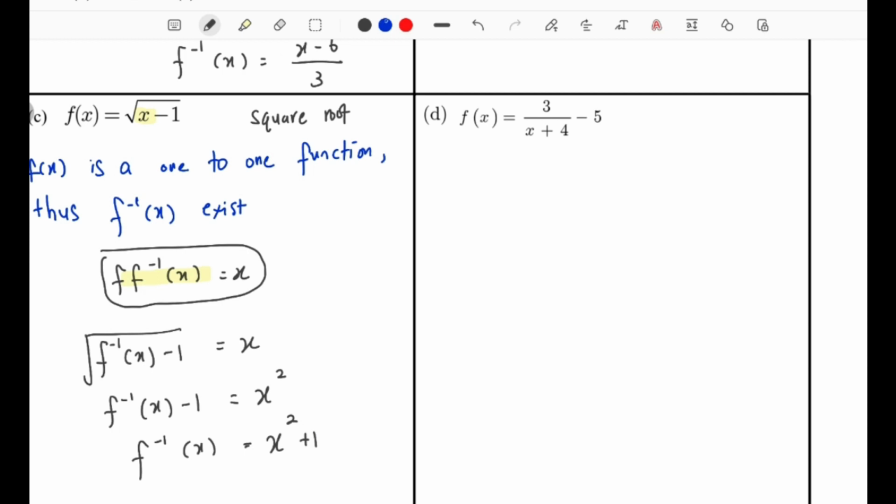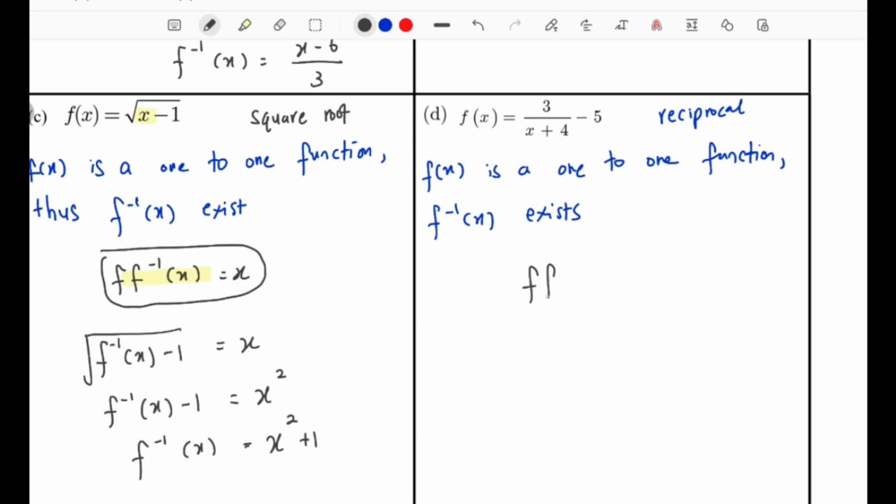D, this is a reciprocal function. Reciprocal is a one-to-one function. f inverse exists.